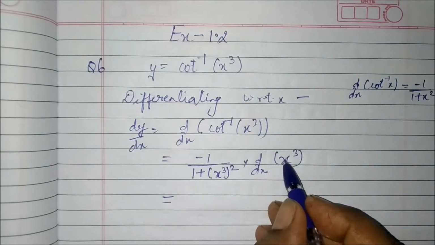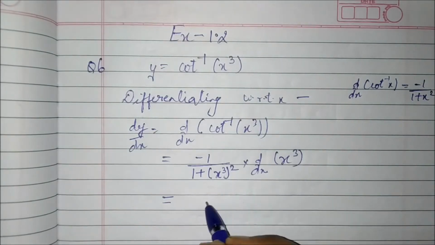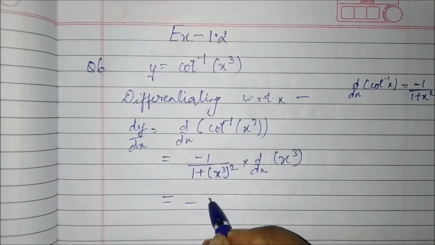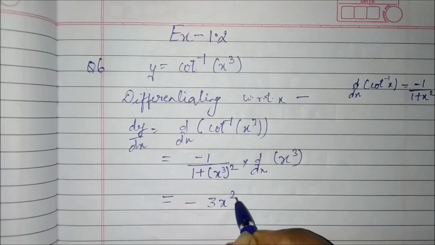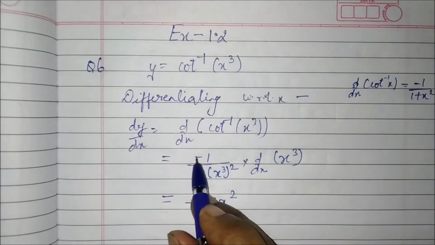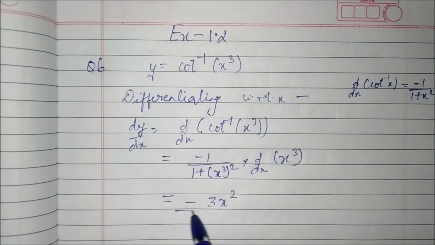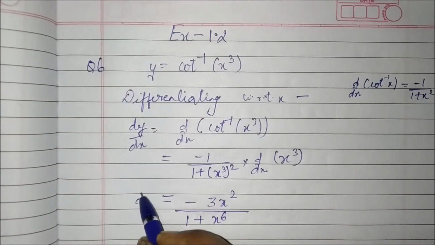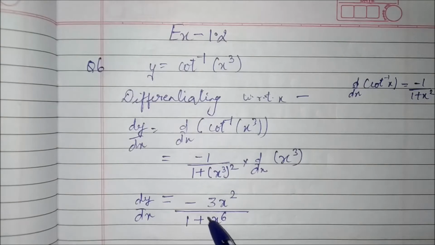Now the derivative of x cube is 3x square, so it will become minus 3x square upon 1 plus x raised to 6. Multiplying the powers, we get x raised to 6. So the derivative of cot inverse x cube is minus 3x square upon 1 plus x raised to 6.